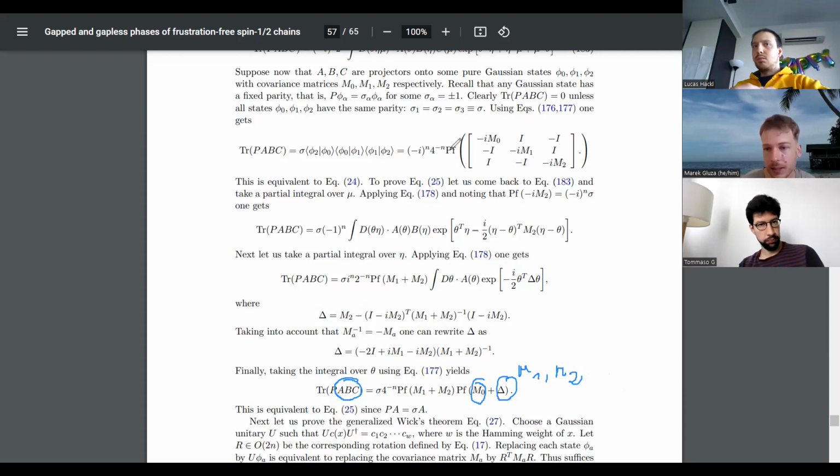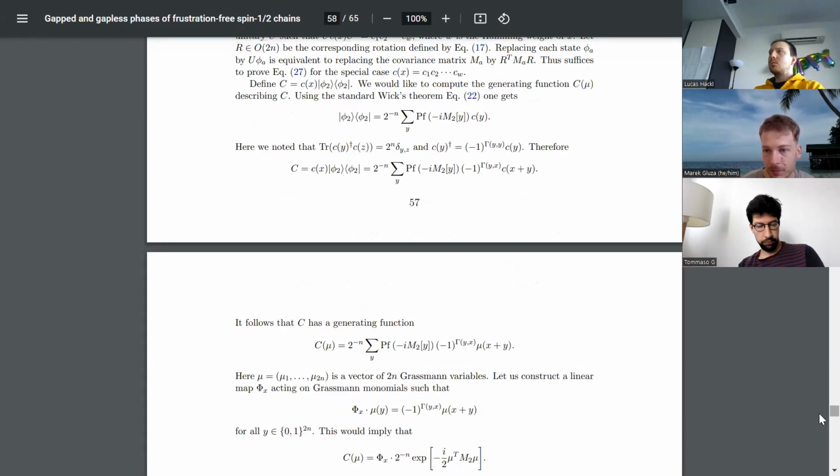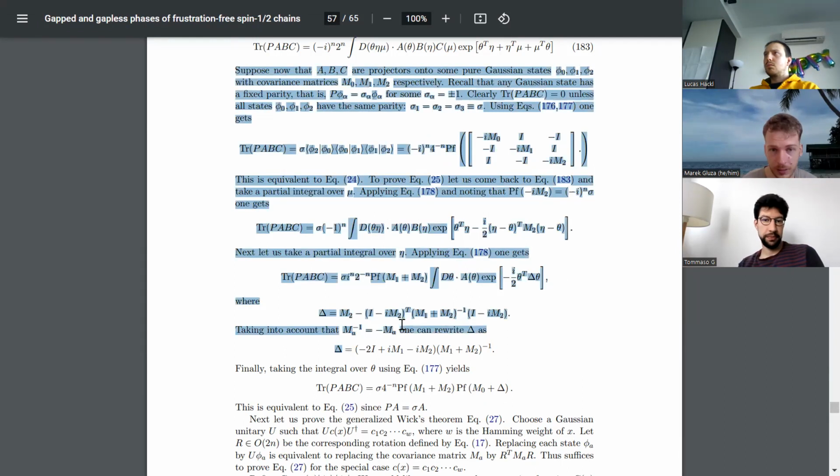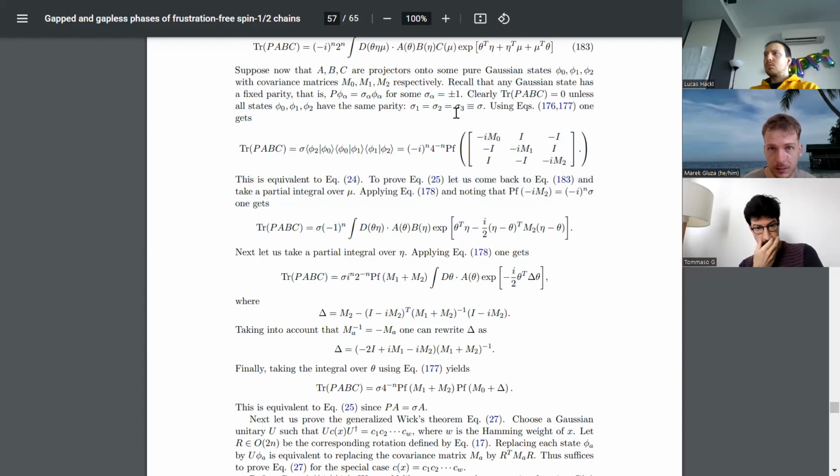Okay, so once they have this, they go one step further, because now they say, let's actually prove the Wick's theorem. Before I go there, this one page is basically how those Gaussian integrals are done.